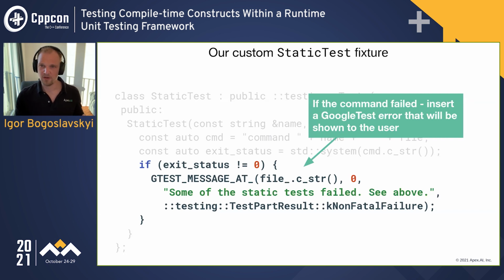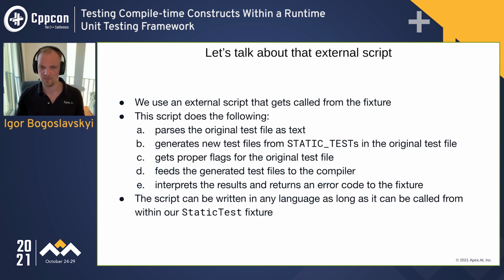Now, with all of this out of the way, let's talk a little bit more about that external script. It is basically just some script that we could use from within the fixture. It parses the original test file as text. It generates new test files from each of the static tests in the original test file.